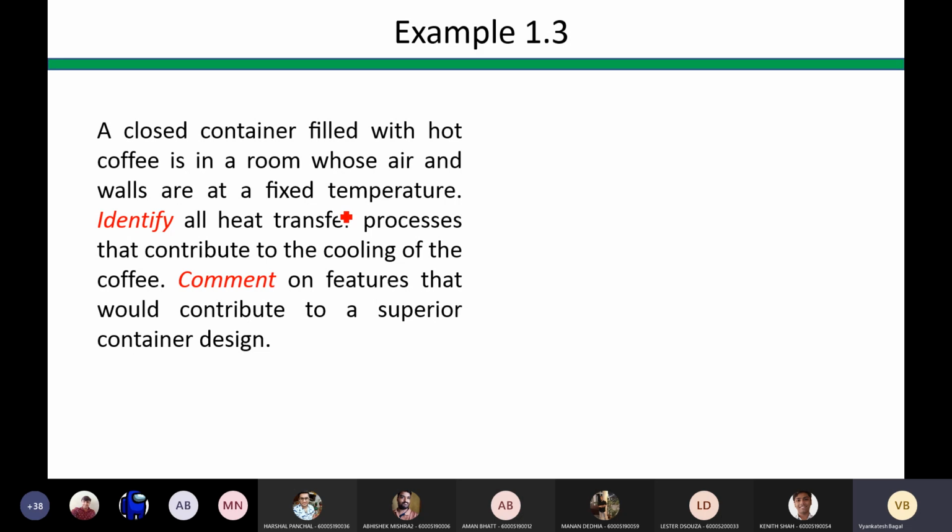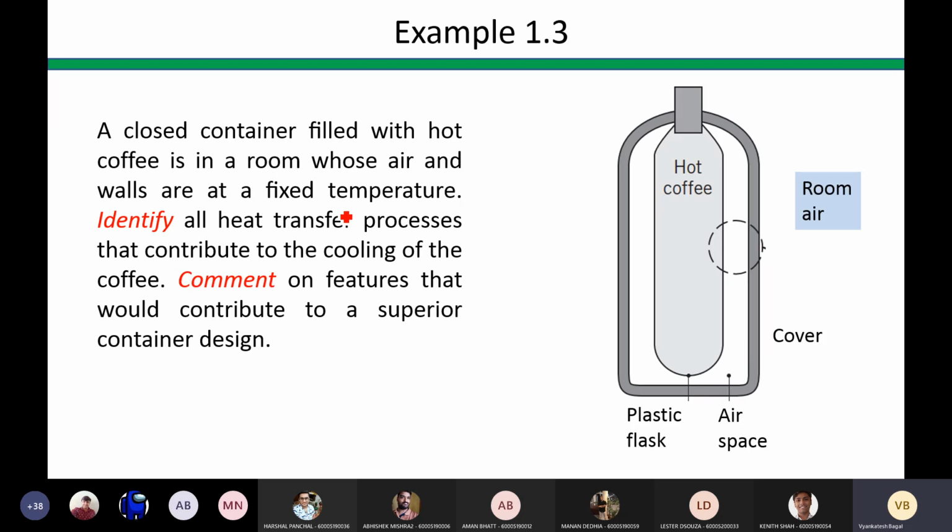The problem we are going to talk about is the example of a thermos flask, which we use in our household. Or think of it like your tea flask, where we store tea at elevated temperature. Right now, I have one thermos flask with me.